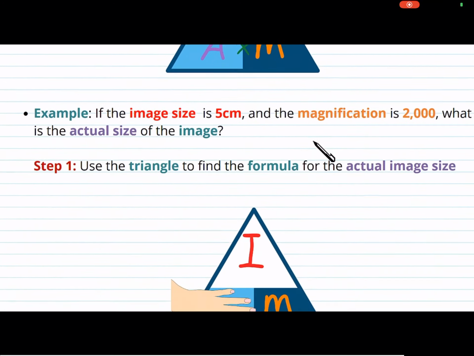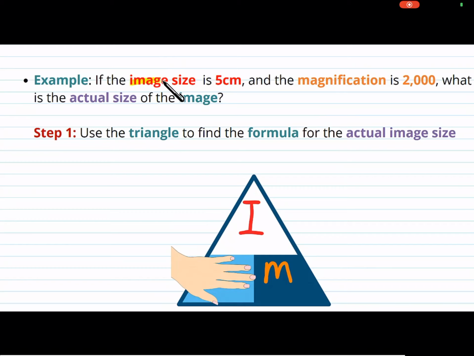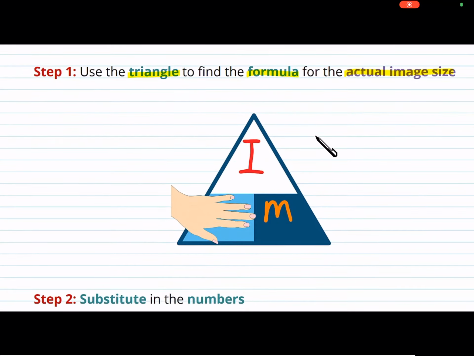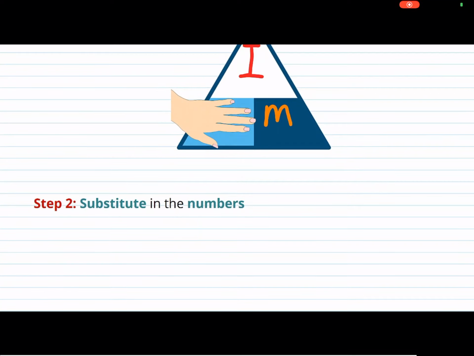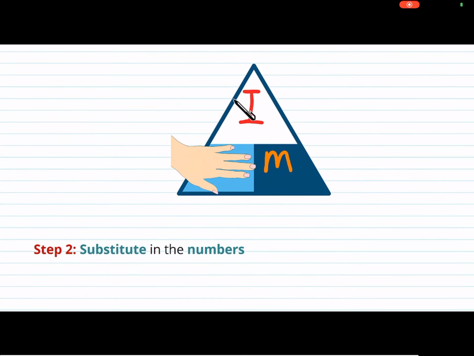So working through an example, if an image size is 5 centimeters and the magnification is 2000, what's the actual size of the image? So step 1 is to draw out your triangle, and once you've done this, use this to find the right formula you need. So cover up actual image size. So you cover up the A, and then you realise that the equation is going to be I divided by M, because this line is the dividing line.